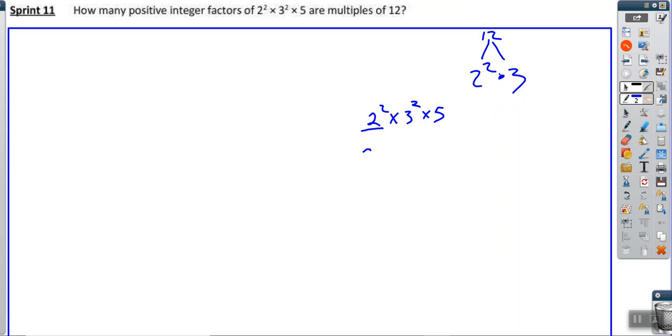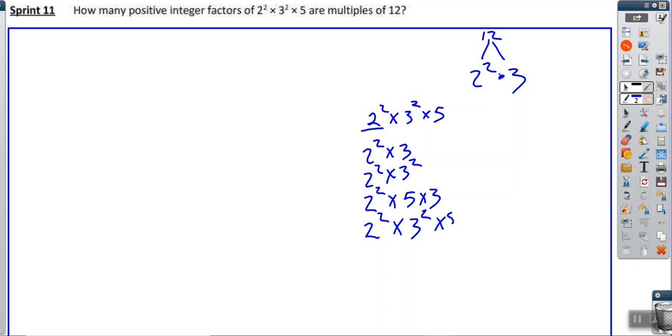We could have 2 squared times 3, 2 squared times 3 squared, 2 squared times 5 times 3, because we have to have the 3 and the 2 squared. And we could also have 2 squared times 3 squared times 5.